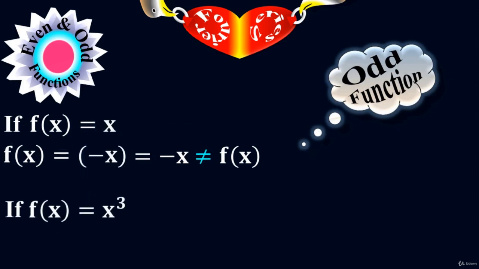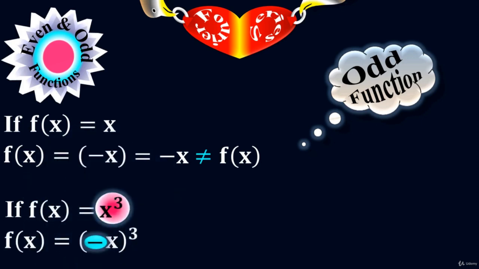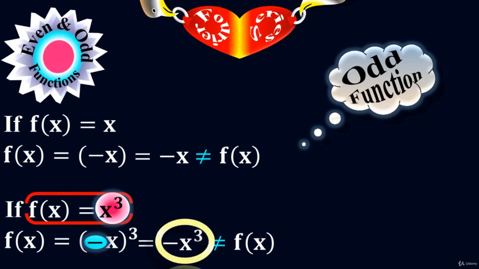Similarly, if f of x equals x cubed, and I multiply x by minus, it equals minus x cubed, which is not equal to f of x. If I have a function x cubed, and I multiply the variable x by minus and then take its cube, it equals minus x cubed, which is not my original function, because my original function f of x equals plus x cubed, not minus x cubed.